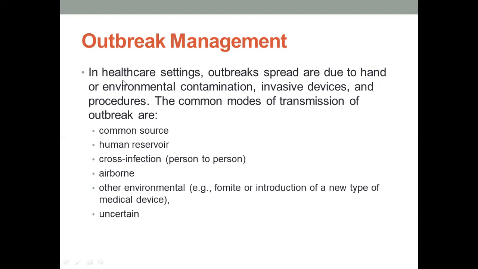Seasonal flu and all types of outbreaks. Then other environmental causes, like a fomite or introduction of a new type of medical device, could lead to an outbreak. And uncertain reasons, where we do not know exactly where this superbug came from or where this infection is spreading from.